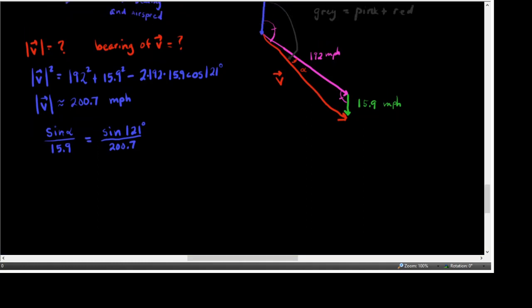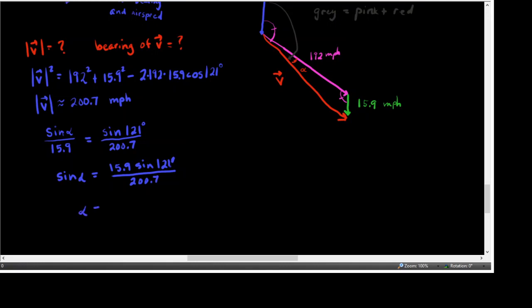And so multiplying both sides by 15.9, we'll get that sine of alpha is 15.9 times the sine of 121 degrees divided by that stored in the calculator number.